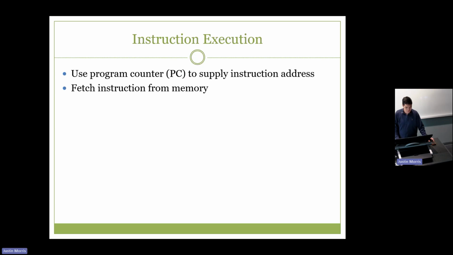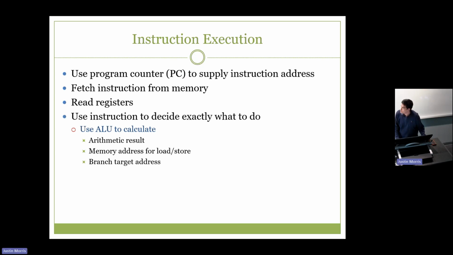For instruction execution, we're going to use the PC to get the instruction address, and we need the data path to fetch that instruction from it. Then we need to decode that instruction, figure out what registers we need to read from.